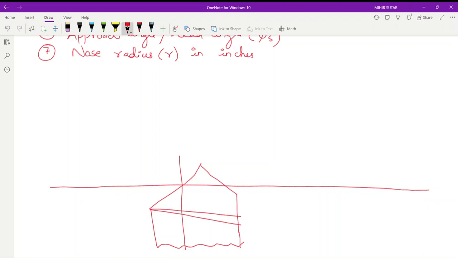And this is the nose radius. So I'm giving a little curvature, small r, and here this is the reference plane pi r, the plane perpendicular to the velocity vector.